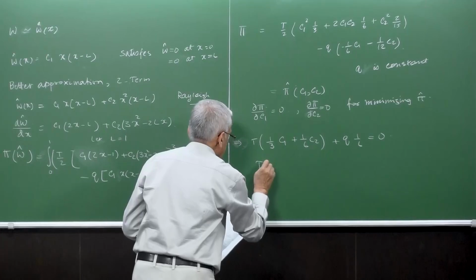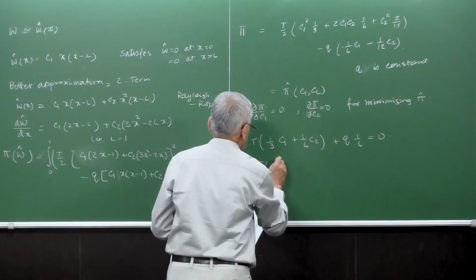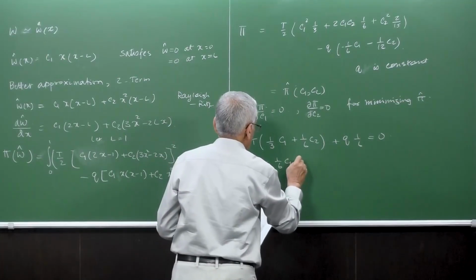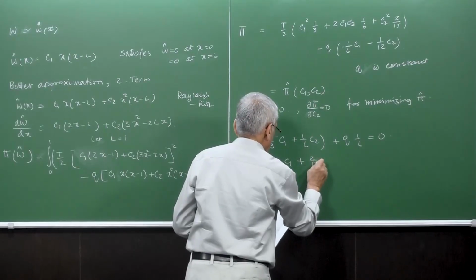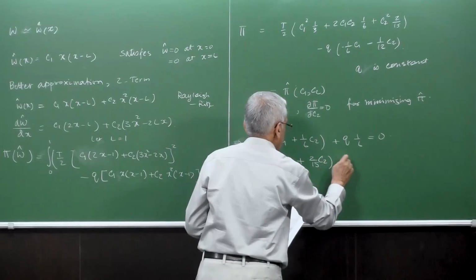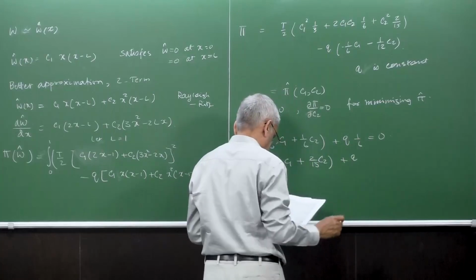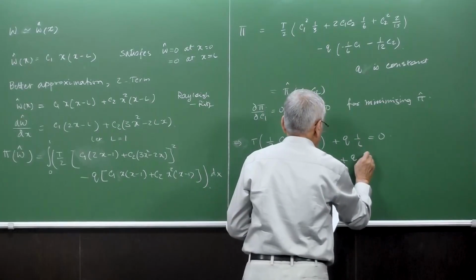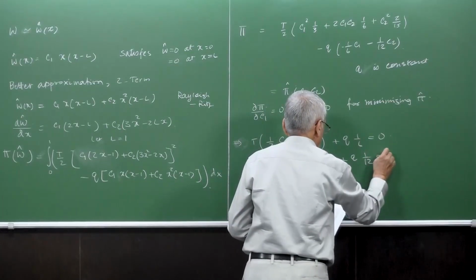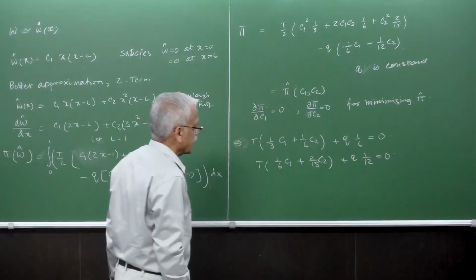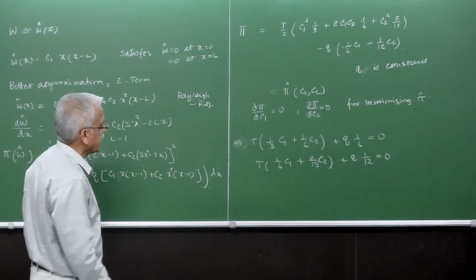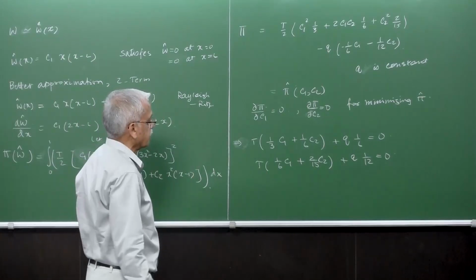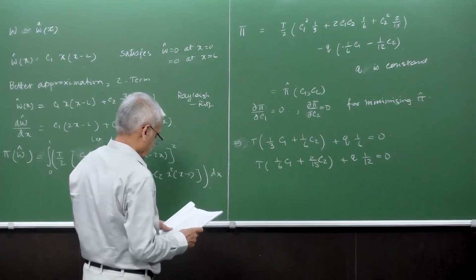And the second equation is E times 1 by 6 C1, 2 by 15 C2 plus Q multiplied by 1 by. Okay, so these are the two equations which we get by minimizing pi. So we have these two equations.